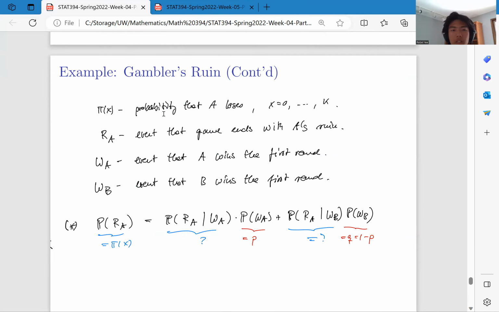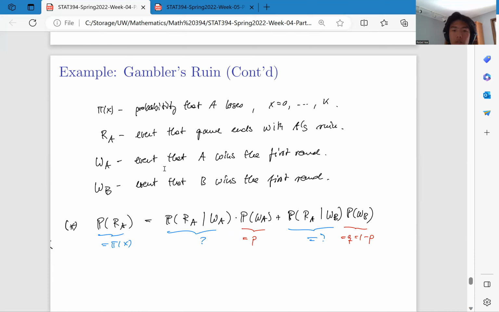Like P(x), it means the probability that A loses, but we use the π notation here, where x is from 0 to K. That is the probability that A loses starting with X dollars. And R_A is the event that the game leads to A's ruin. So A loses the game if R_A happens.